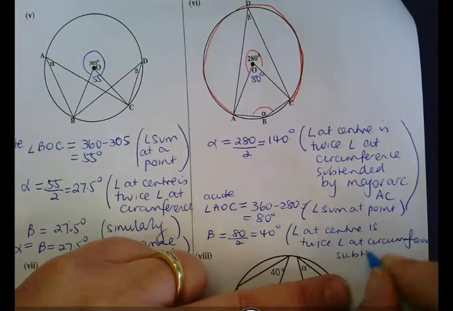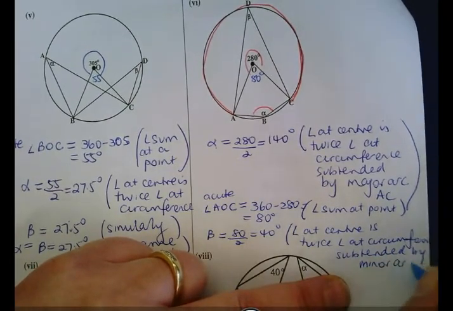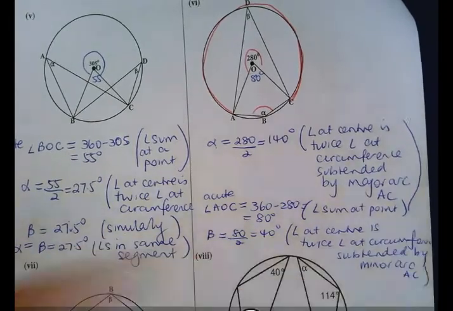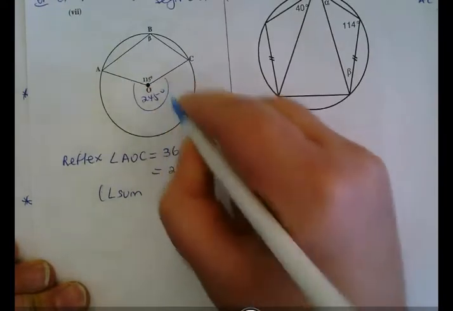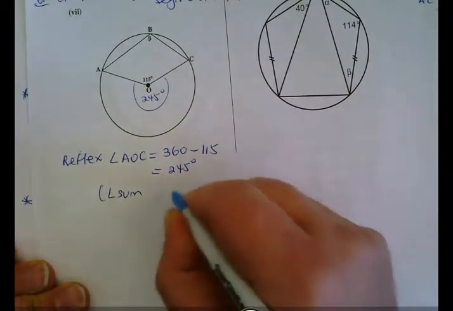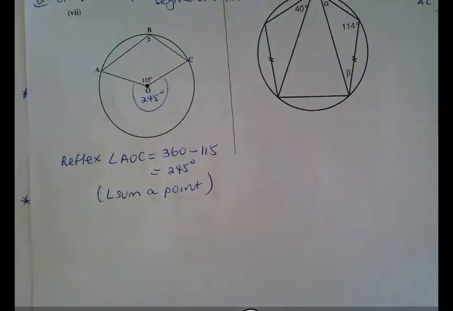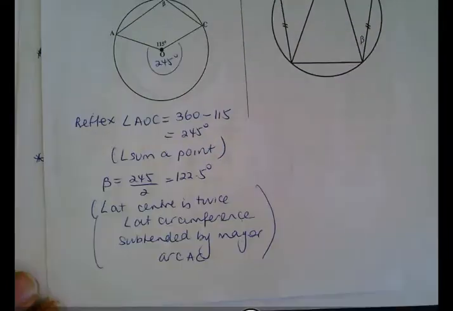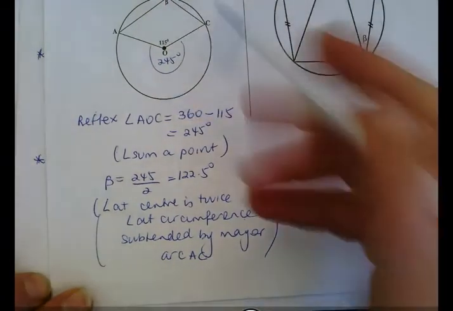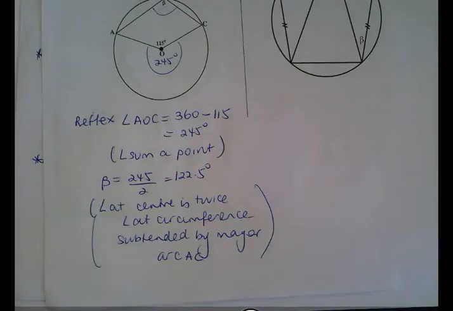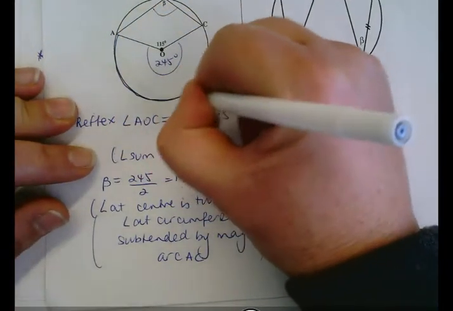Subtended by, this time, the minor arc AC. AOC is 360 minus 115, which is 245 degrees, angle sum at a point. It says there that beta would be 122.5 degrees because the angle at the center is twice the angle at the circumference, subtended by the major arc, this time, major arc AC.